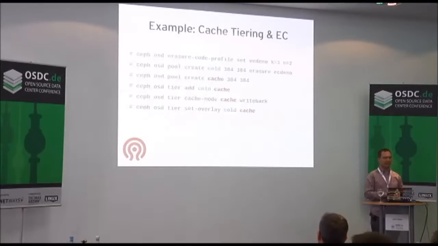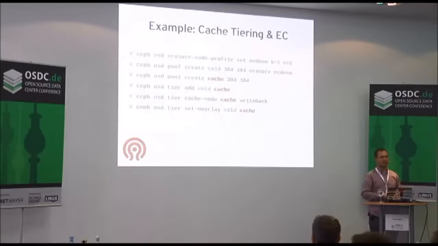But you can do things like having M equals 10 and K equals 2, or M equals 10 and K equals 10, and get to a position where you can tolerate a very large number of losses before you would have lost data, at the cost of more storage space and at the cost of having to do more mathematics when you write something.